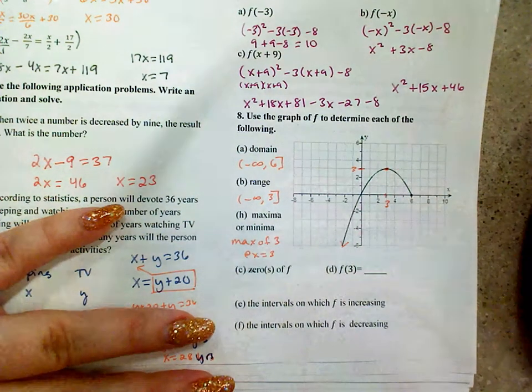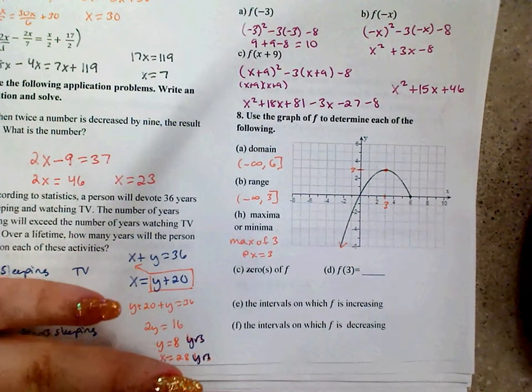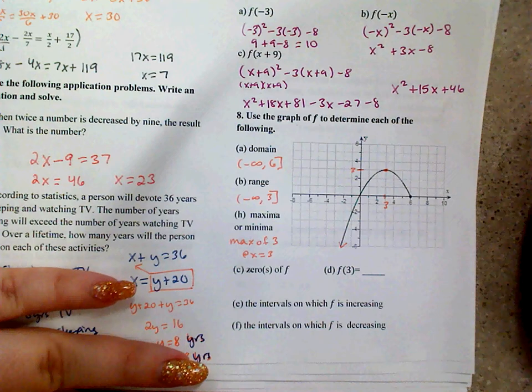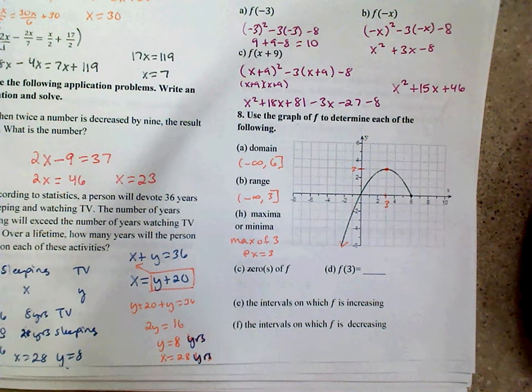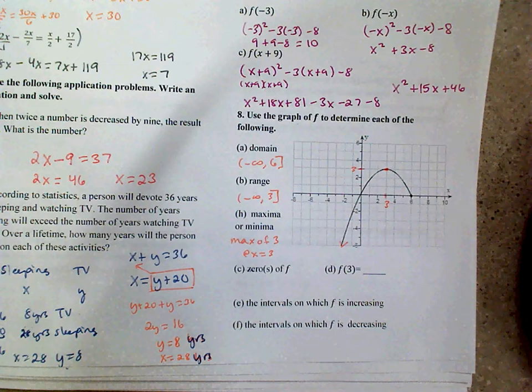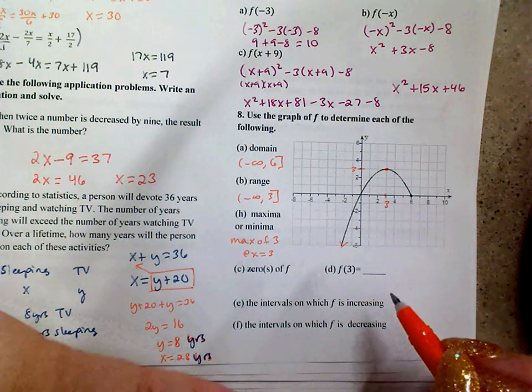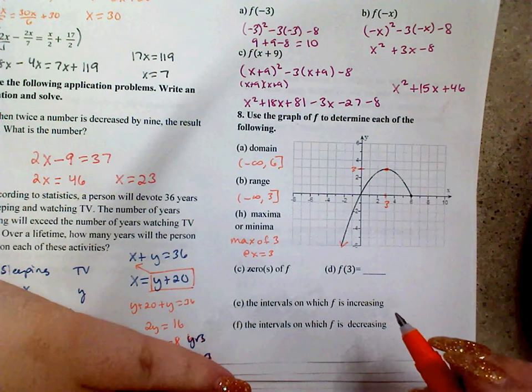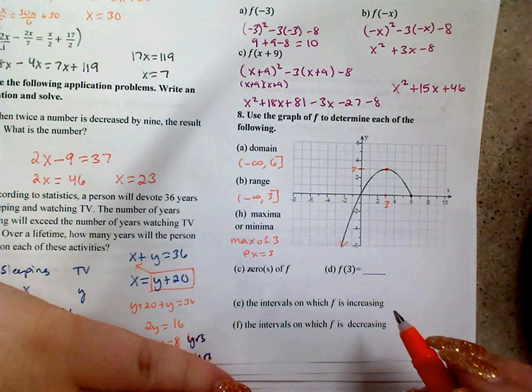Okay, zeros. Zeros are where you hit the x-axis. So one of the zeros is 0, 0.